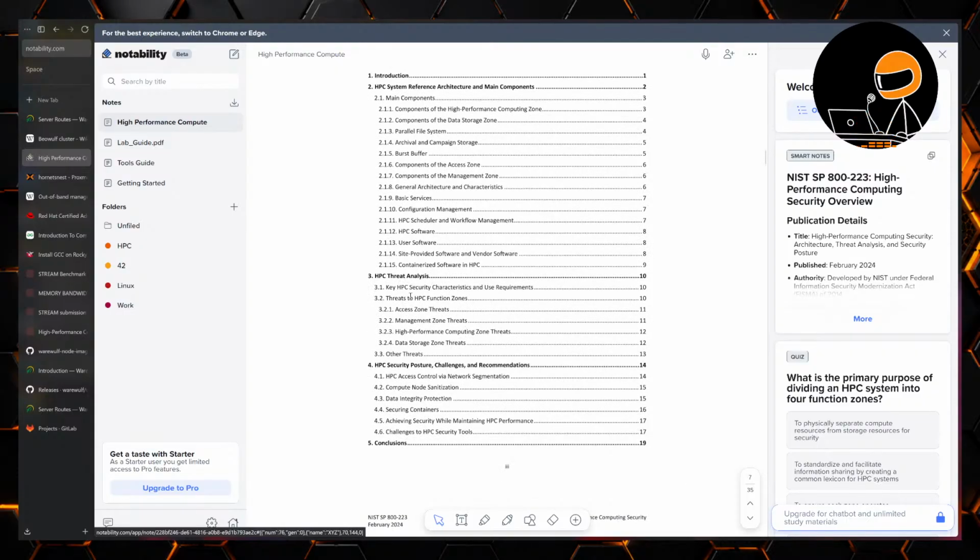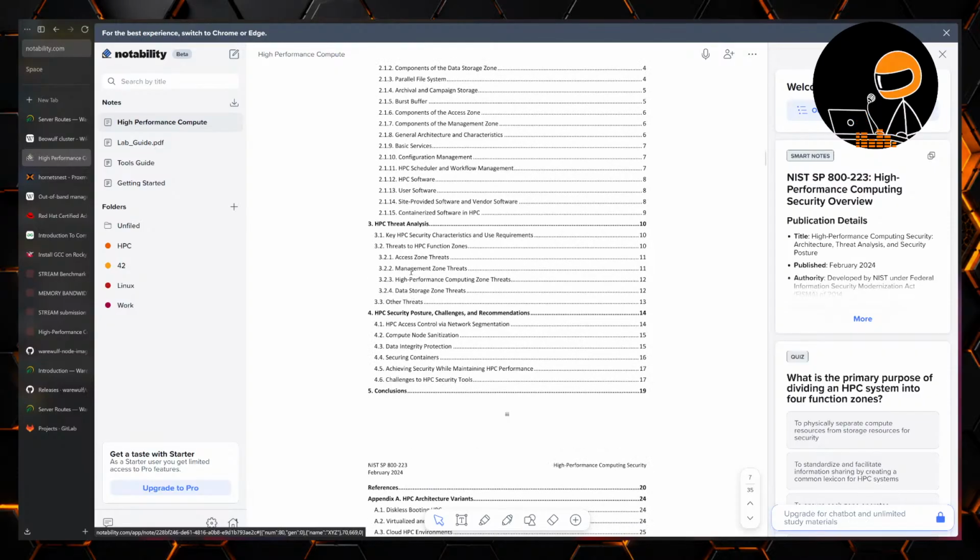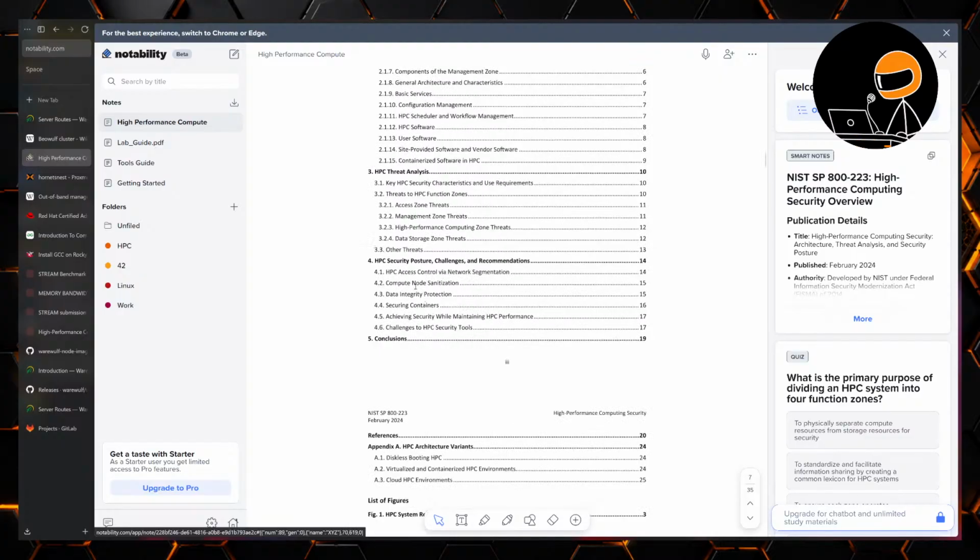HPC threat analysis, key HPC security characteristics and use requirements, threats to HPC function zones, access zone threats, management zone threats, high performance computing zone threats, data storage zone threats, other threats. A lot of threats.